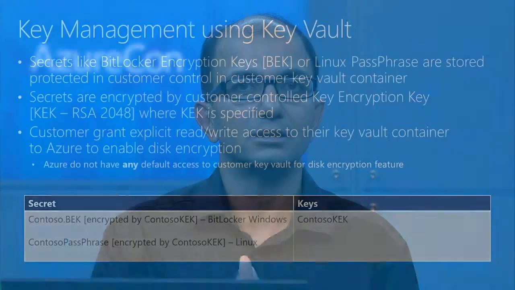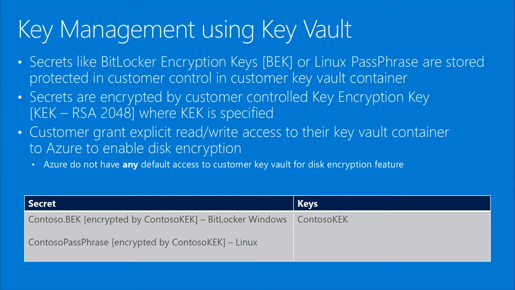Now, a few things, repeating the information which Sumedh had already provided. The secrets like BitLocker encryption keys or the Linux passphrase are stored and protected securely in your controlled key vault, where you control the access policies, revocation, rotation, all that. The BitLocker secret can be further encrypted by the key encryption key, which you specify.